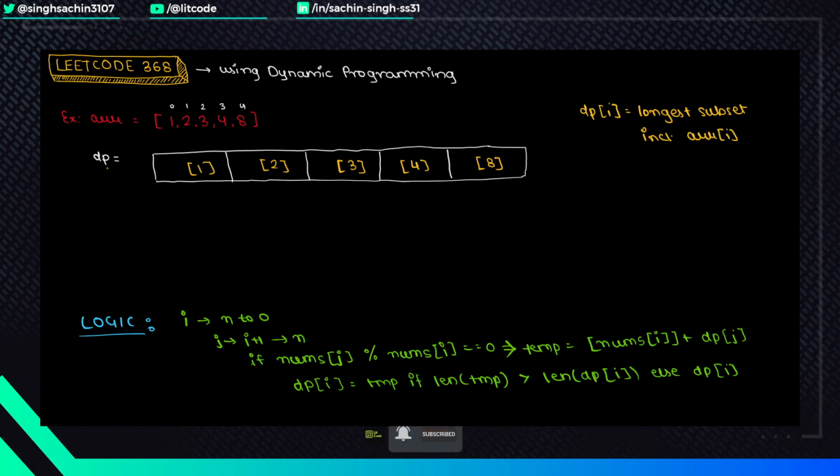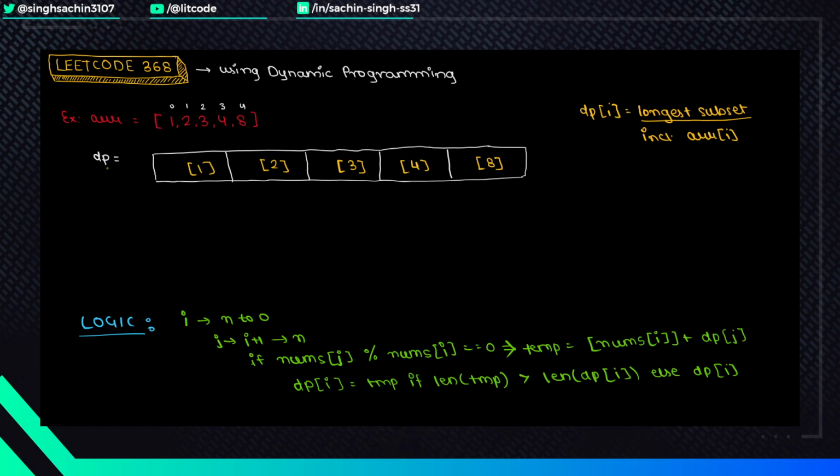Okay, so by saying longest subset, I mean in terms of the problem statement. So at every index in DP of i, we will have the longest subset possible having that number in it. Okay, so we will initialize it with self values.